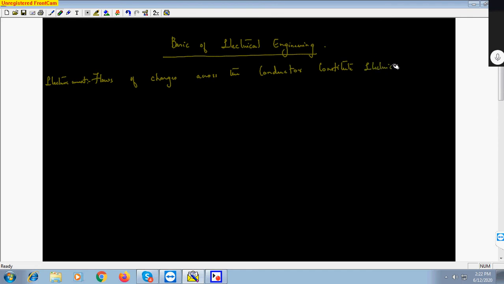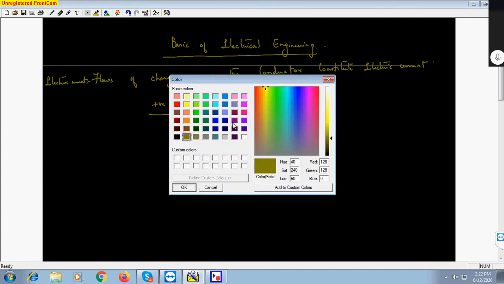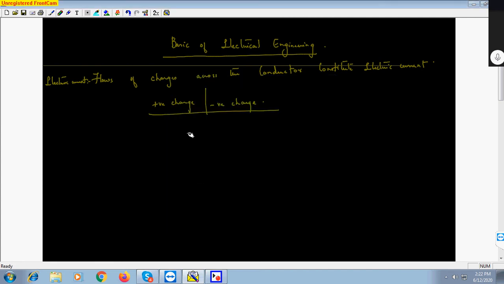So charges, as you know, are made up of two types. One is positive charge and the other is negative charge. So any charges can flow. Now we will perceive this in terms of a conductor. So we will take the help of a conductor. Imagine a conductor is here.